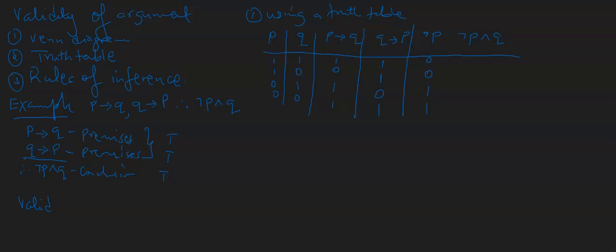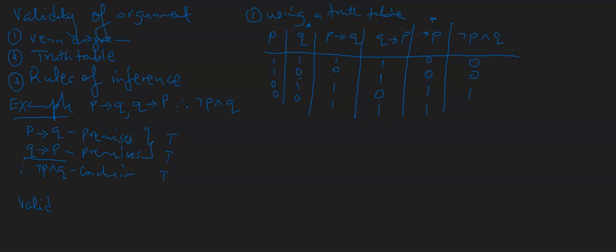And therefore, the last column for the conclusion, not P and Q. So we shall have the first one false. False and true is false. False and false, false. True and true, true.